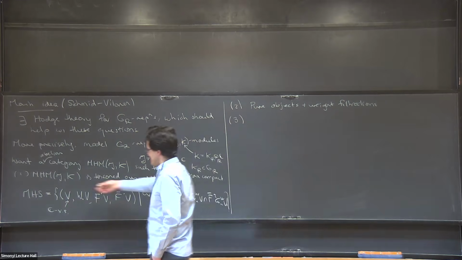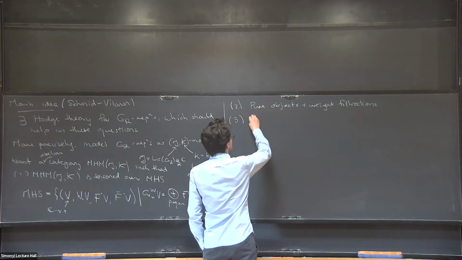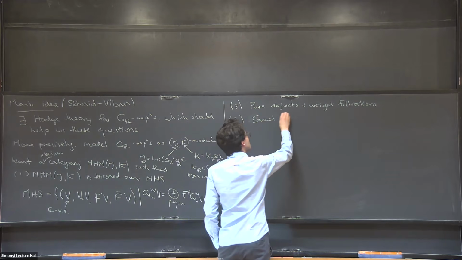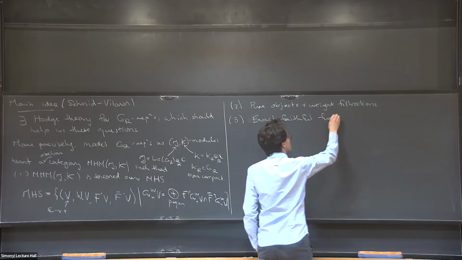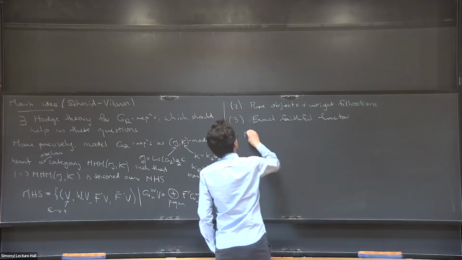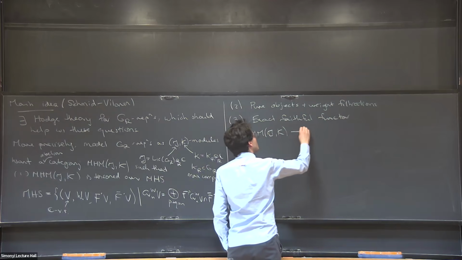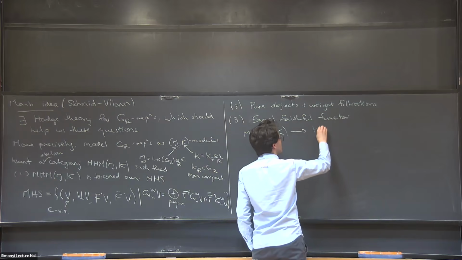You should have some actual relation to GK modules. So you should have some forgetful functor, let's say an exact faithful functor from mixed Hodge modules over GK into, let's say, some category.